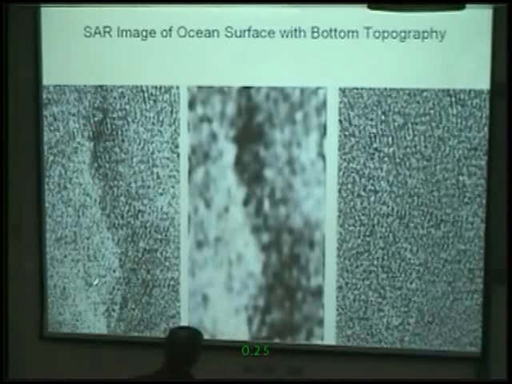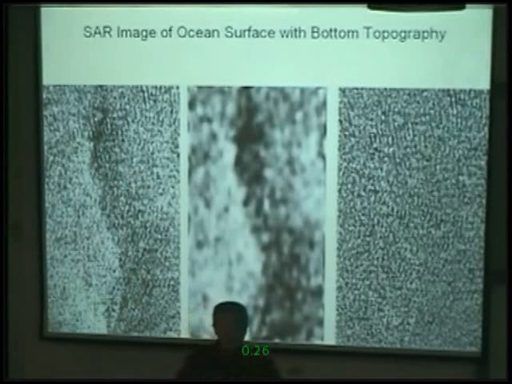So when you look at this in synthetic aperture radar, you have bottom topography, and this bottom topography, of course, is useful information. But another useful piece of information is actually the wave condition. But if you use this to study waves, it is so non-uniform, and you really want to get rid of the bottom topography's influence on the surface.